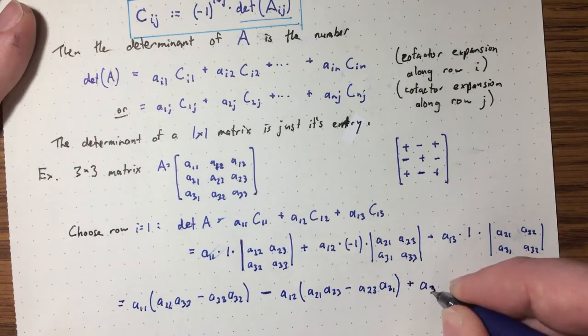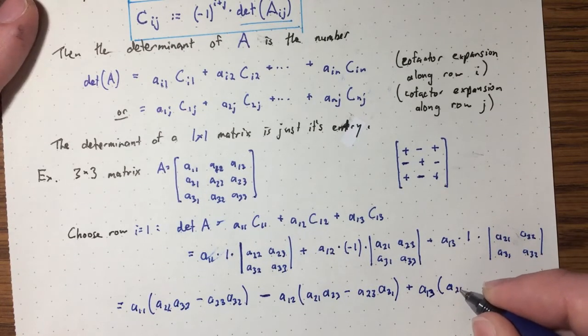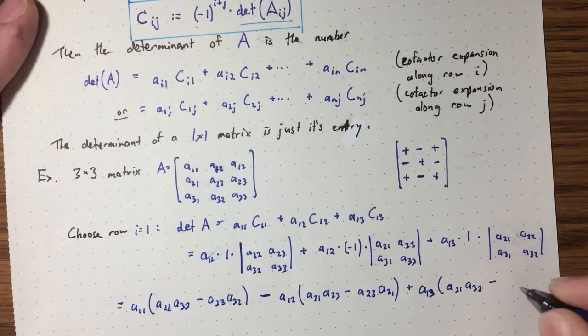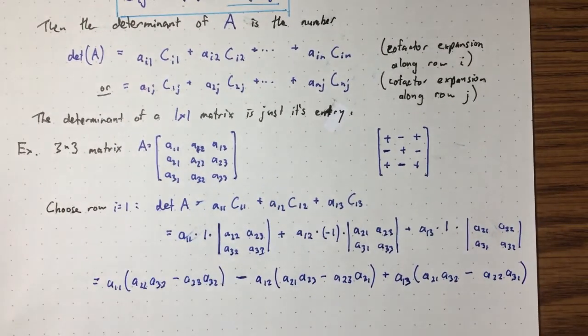I'm getting tired of writing this, but I guess I'll finish. Plus A13 times (A21 A32 minus A22 A31). Okay, that's the formula for the determinant of a 3 by 3 matrix.